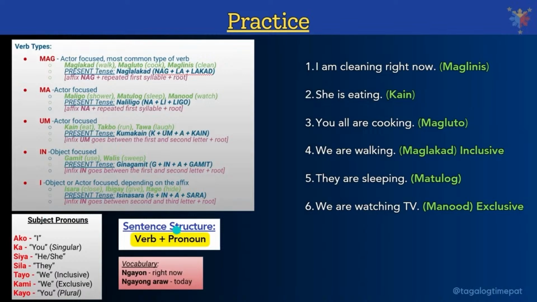So let's do number 1 together just so we are all on the same page. Remember our sentence structure here, verb plus pronoun. So the verb for to clean is maglinis. In the present tense, it's naglilinis. So mag verbs, remember the pattern is affix nag, then there's a repeated first syllable, and then the root.